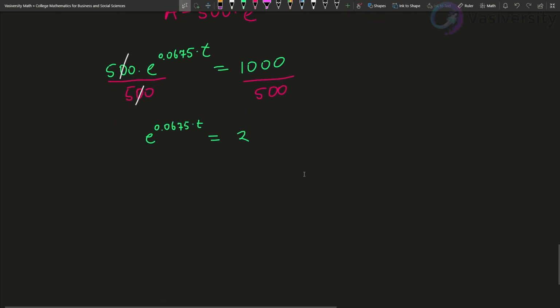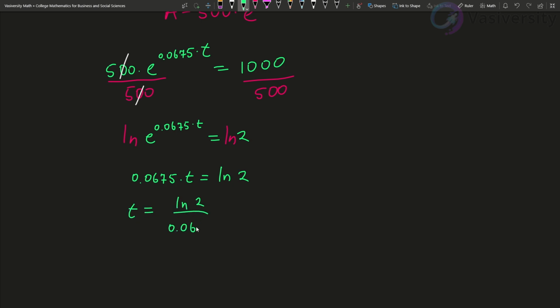All right. Now, let's go ahead and take the natural logarithm on both sides. So the natural logarithm and e cancel out. So we have 0.0675 times t is equal to the natural logarithm of 2. That means t is equal to the natural logarithm of 2 divided by 0.0675.